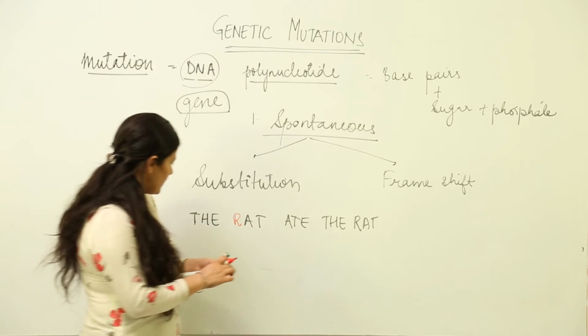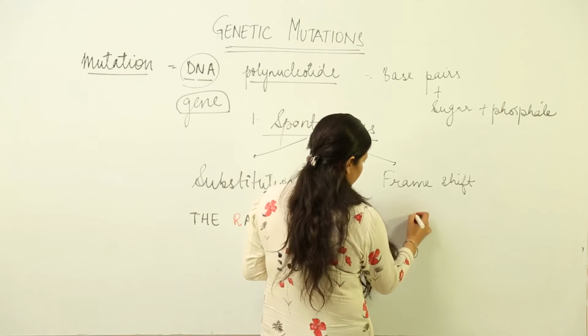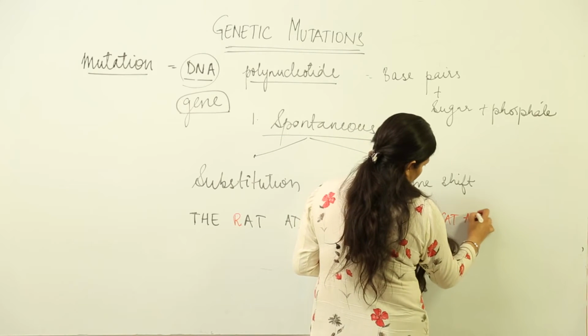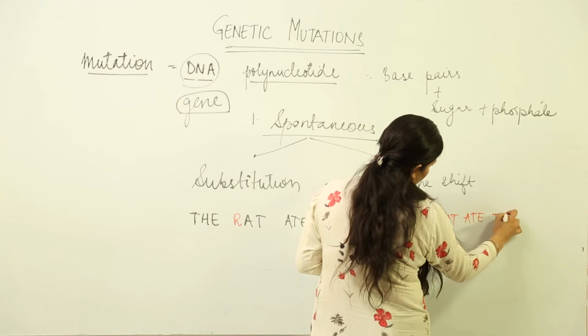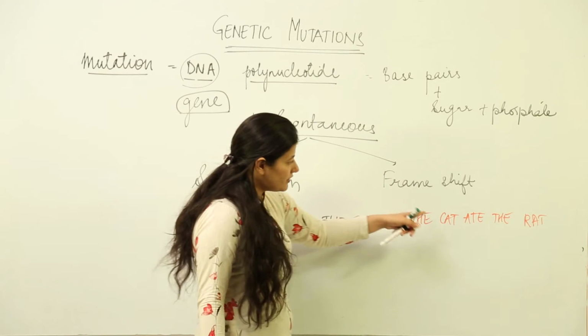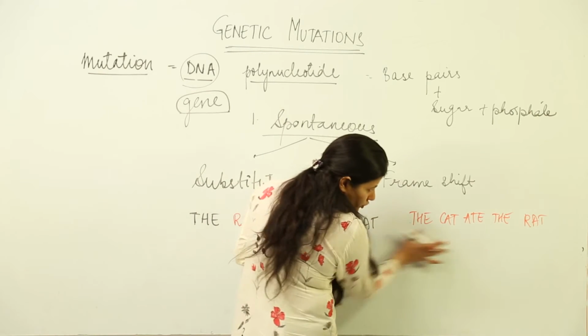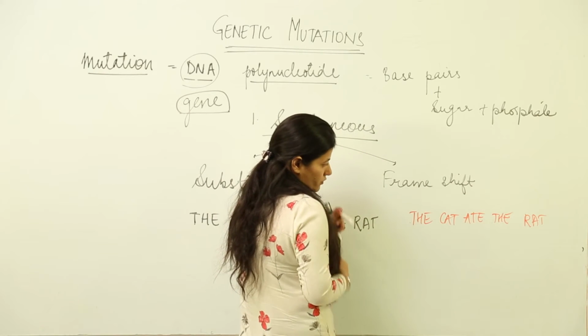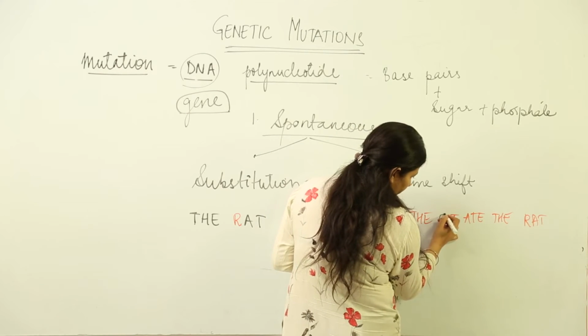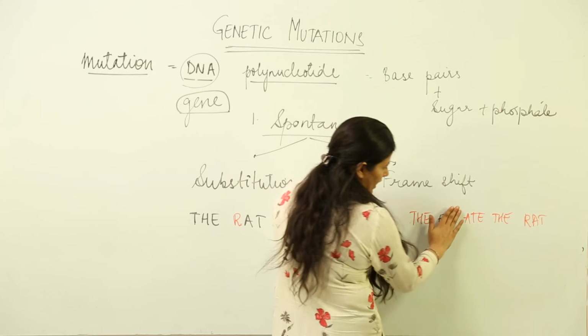In the same way, supposedly I have, in the case of frame shift mutation, "the cat ate the rat." Here what is done is that something comes and it pushes the entire frame. Now supposedly I put another E over here. So what will happen?